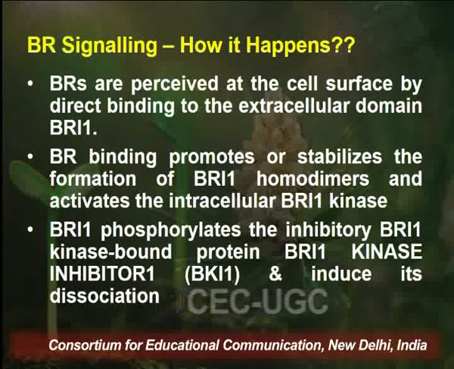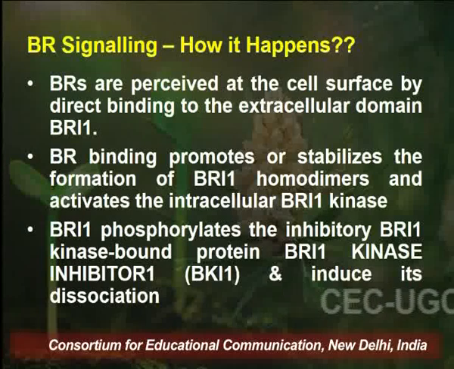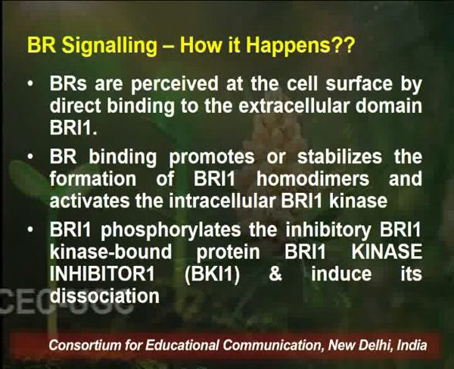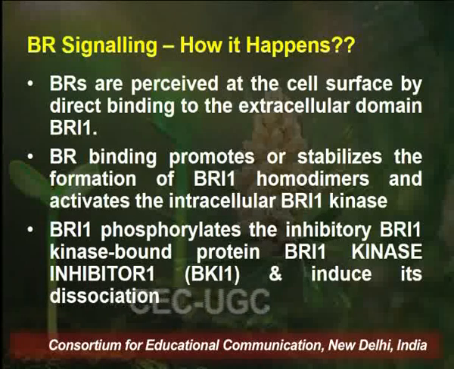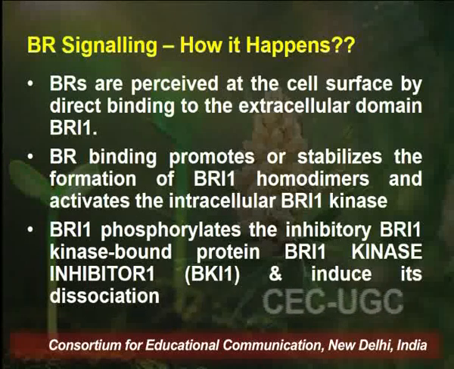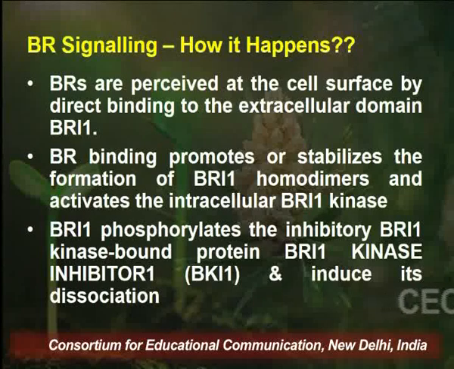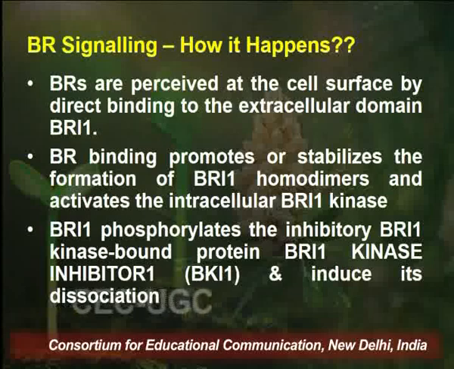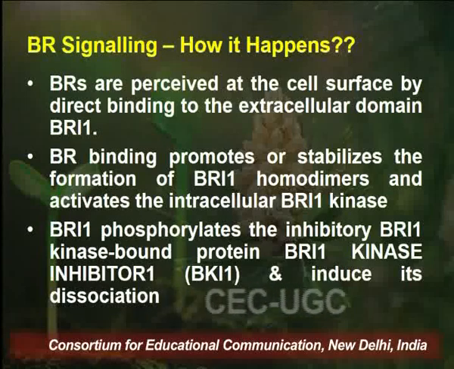So dimers of these receptors are formed, and as I told you, BRI1 kinase also gets activated. Now BRI1 phosphorylates the inhibitory BRI1 kinase bound protein, or BRI1 kinase inhibitor, BKI1, and induces its dissociation. So it gets dissociated from the receptor complex.